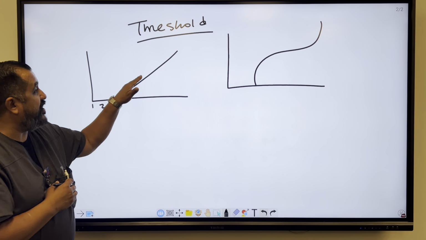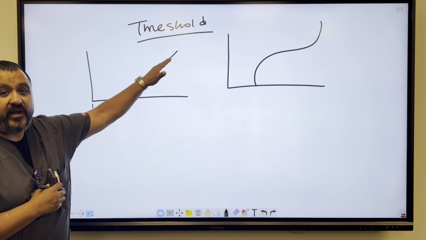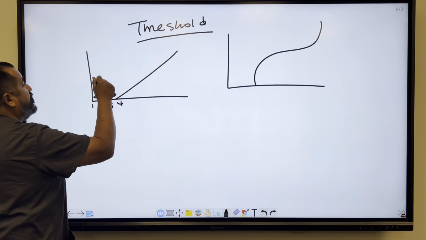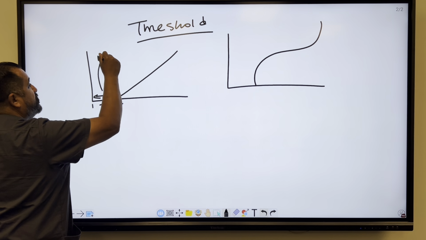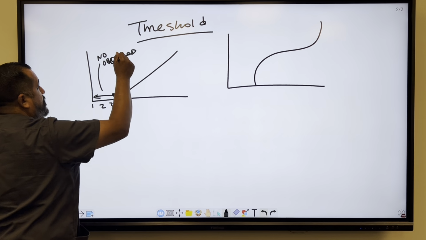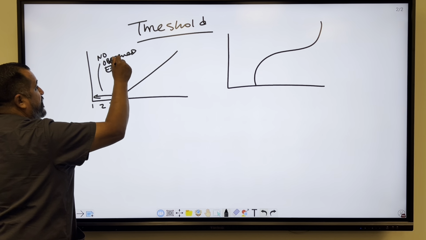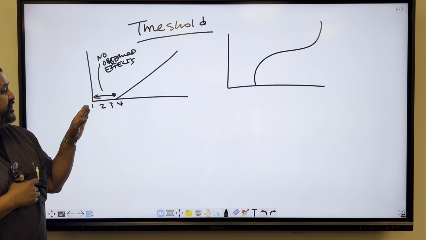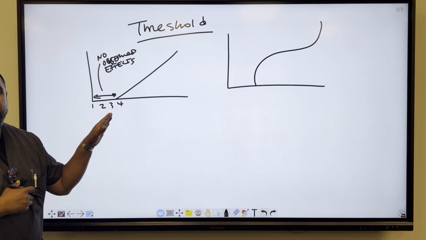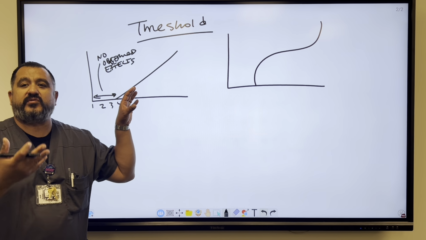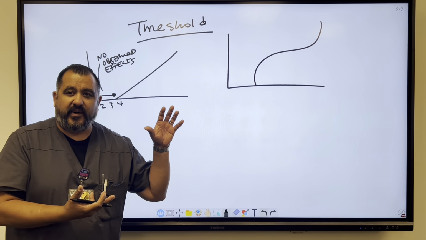But notice you have a linear dose response, correct? From 1 to 3, let's say, you have an area of no observed effects. So nothing happened during that time. Again, 1 milligray, 2 milligray, 3 milligray, nothing. And then all of a sudden at 4 milligray, you start to have these observed effects that are starting to be demonstrated. They can be seen by the body.